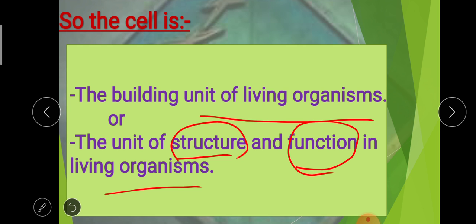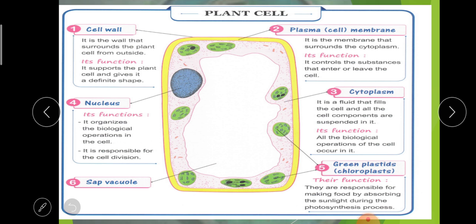Let's identify first the plant cell. If we take a small tissue from the leaf of an onion and we examine it under the microscope, because we cannot see the cell by naked eye, we can see the cell under the microscope.